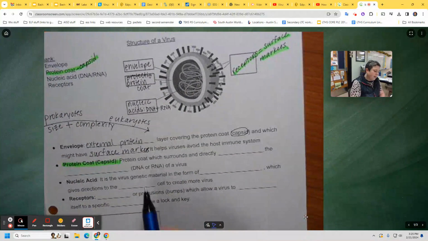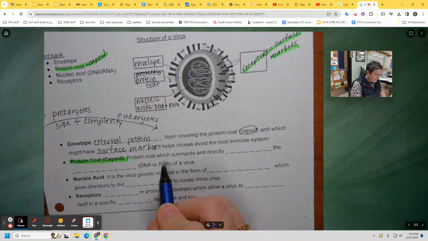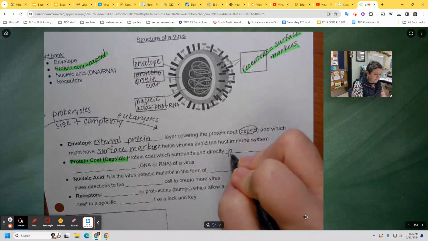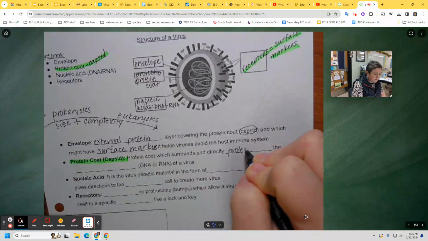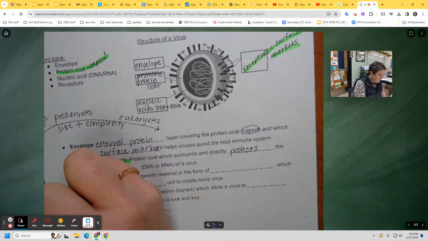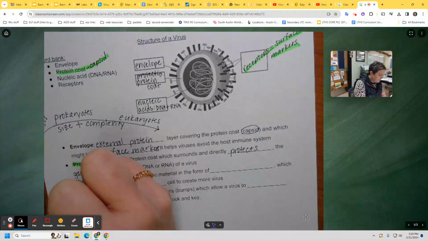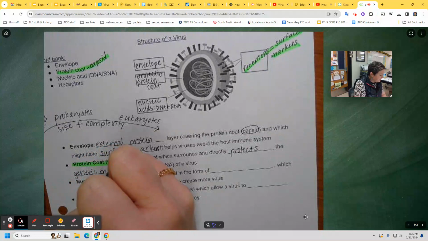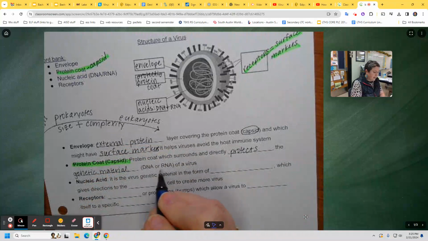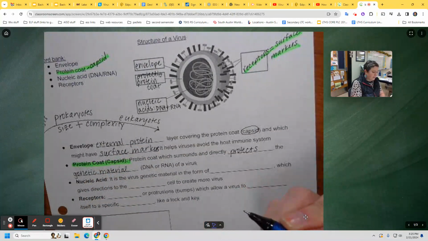Okay. The protein coat or the capsid, it surrounds and directly protects the genetic material, DNA or RNA of a virus.